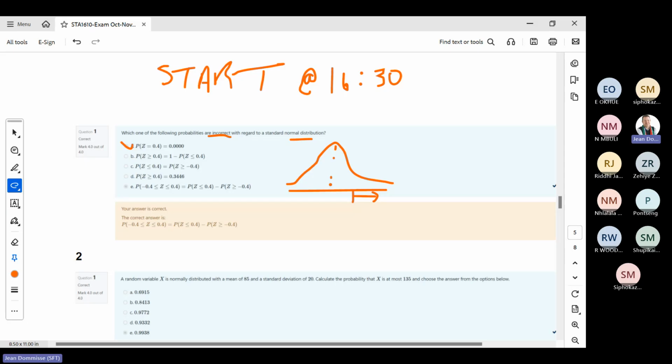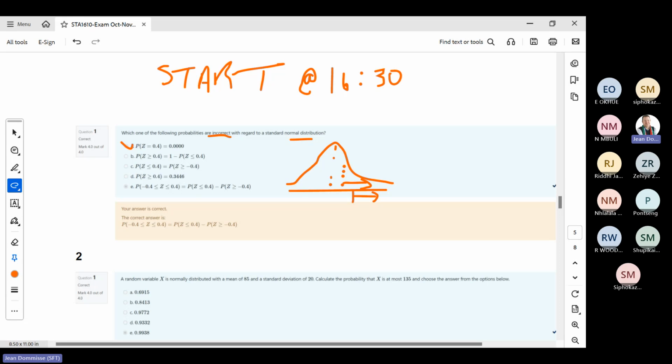Okay, and then if you look at the next one, where we say the probability that Z is bigger than 0.4.